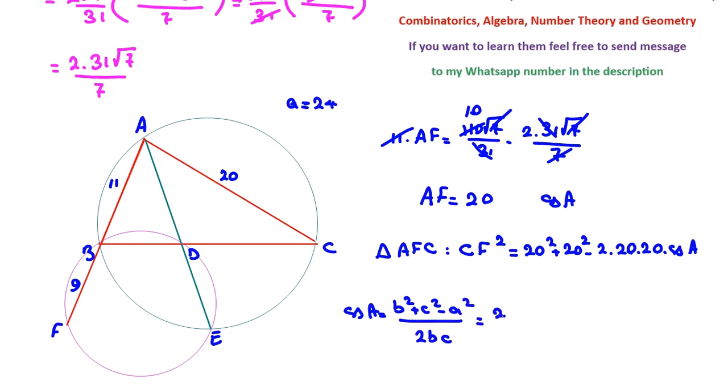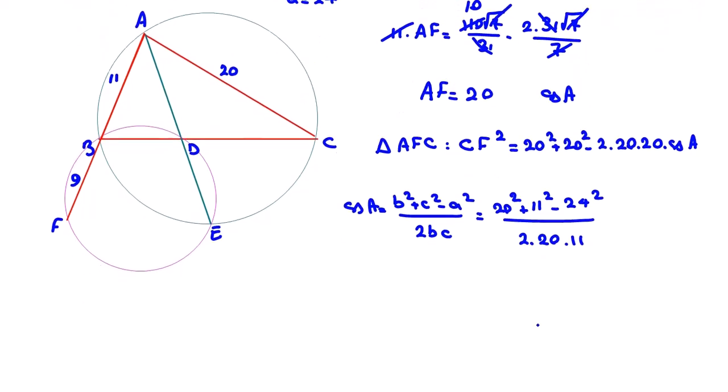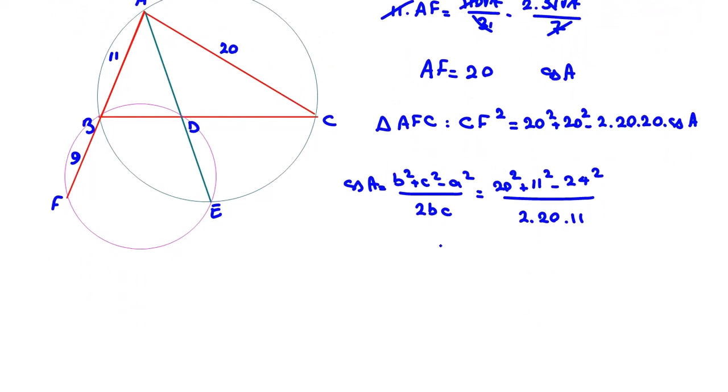B squared is 20 squared, C squared is 11 squared, A squared is 24 squared, over 2 times B times C, 2 times 20 times 11. So the numerator will be 400 plus 121 minus 576, over 2 times 20 times 11.